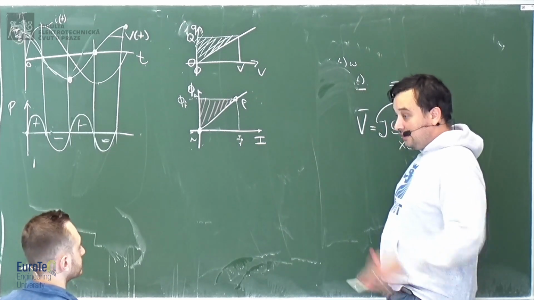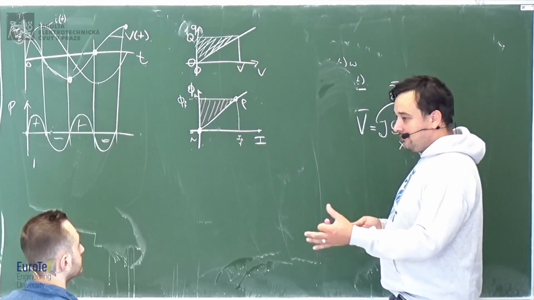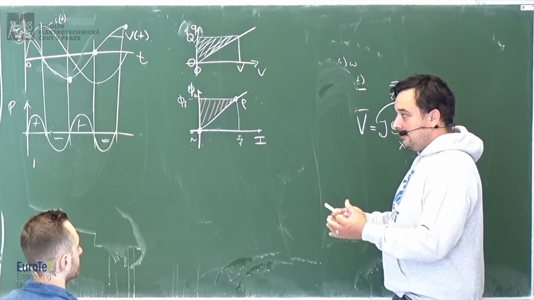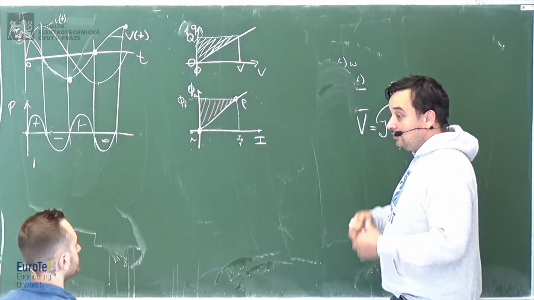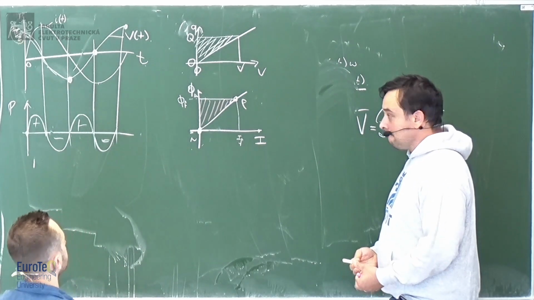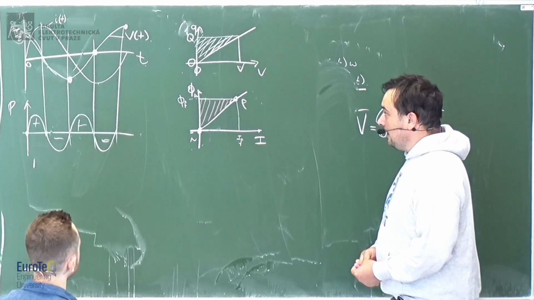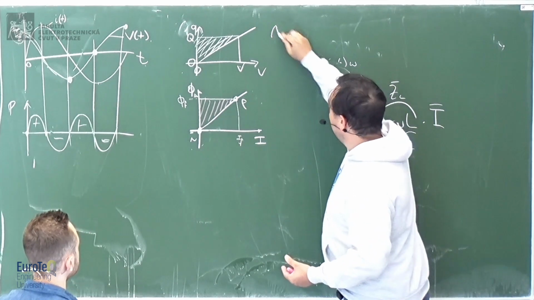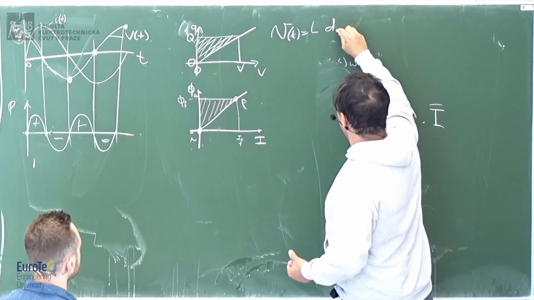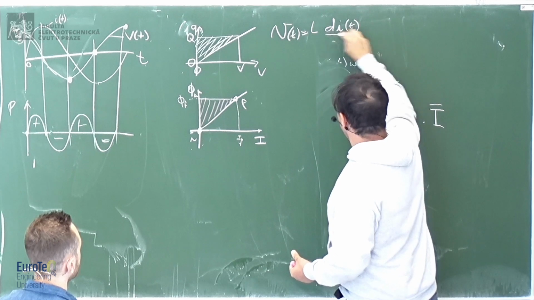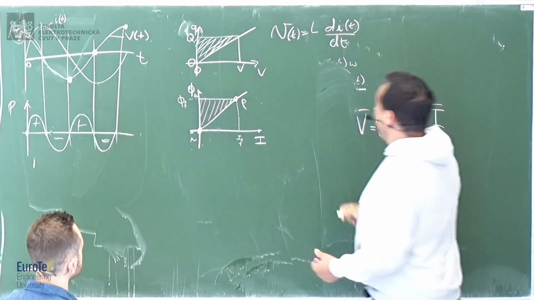So that's what you were saying before. Yes, you're right: the inductor resists the change of current. We know it because the voltage is L di/dt.